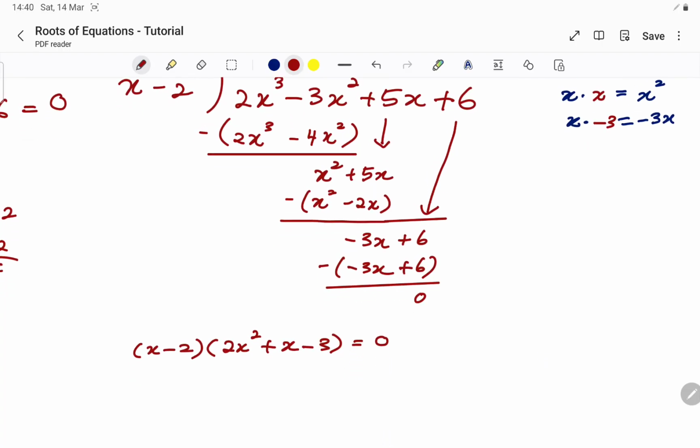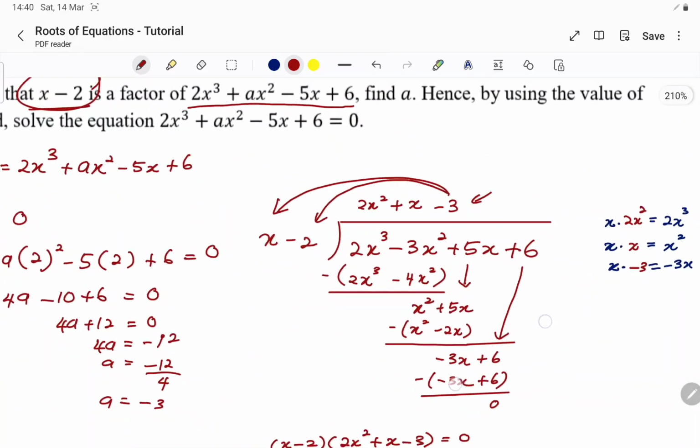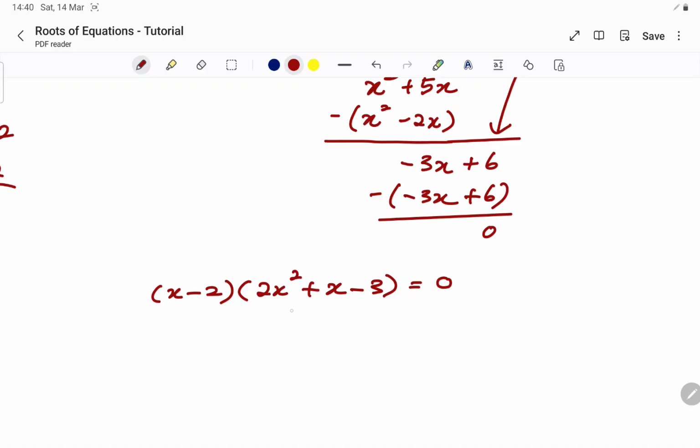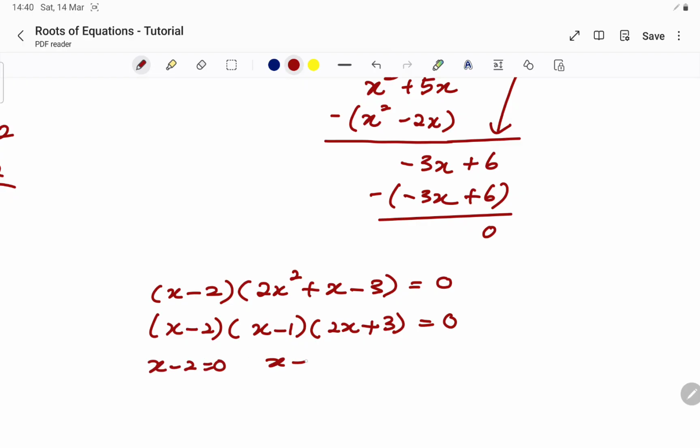Now because we want to solve, we have to find the value of x. So for 2x squared plus x minus 3, you do factorization. When you do factorization, you will get x minus 1 and 2x plus 3 equal to 0. From this you can actually separate them like this for you to see. If you don't want to do this, the other way also can, it's up to you.